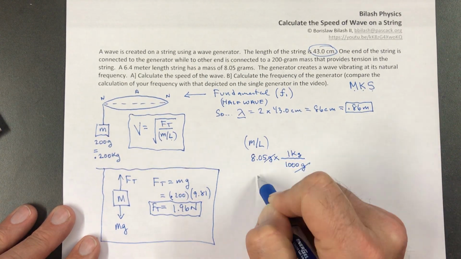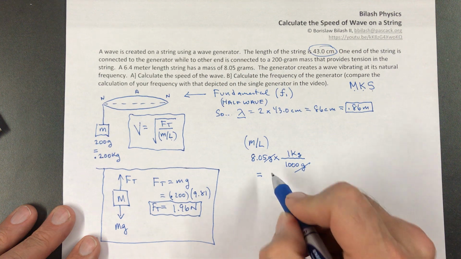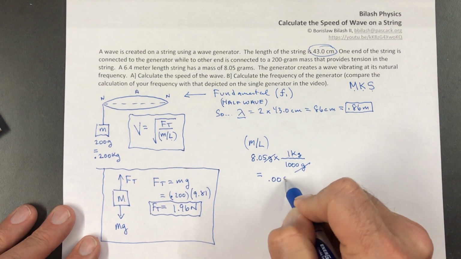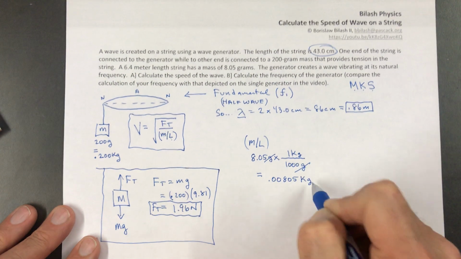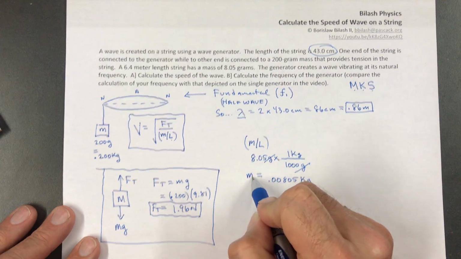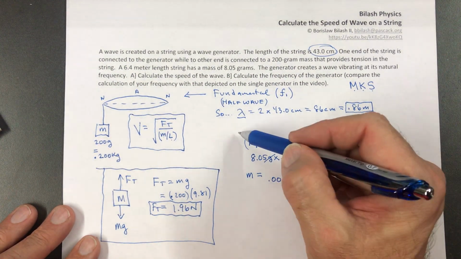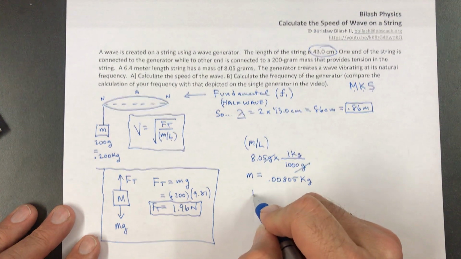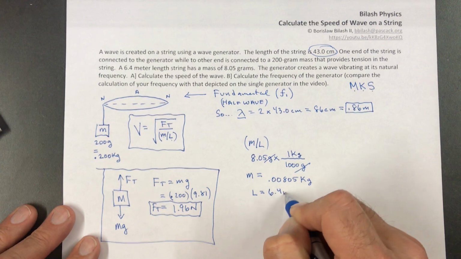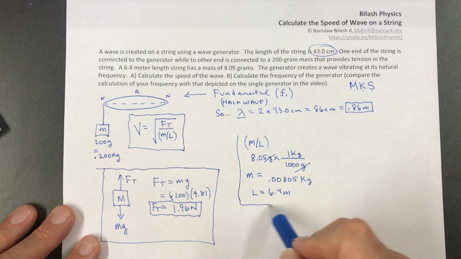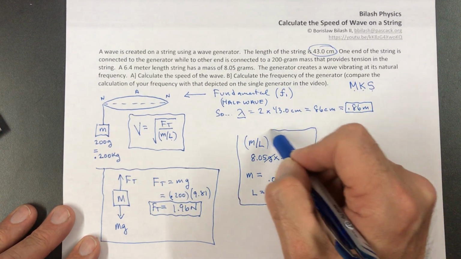That cancels, so that works out to 0.00805 kilograms. And that would be the mass of a piece of string, and we know our piece of string is equal to 6.4 meters.